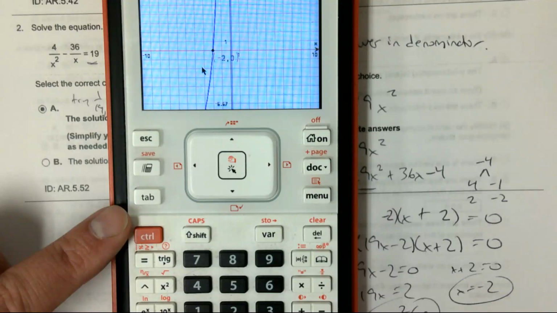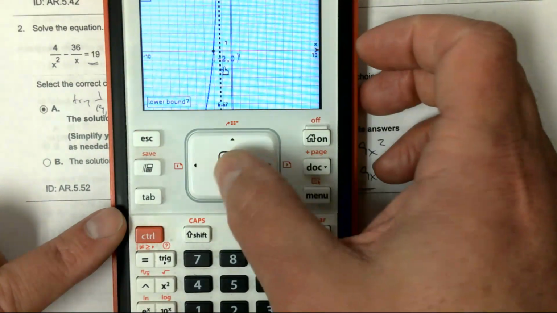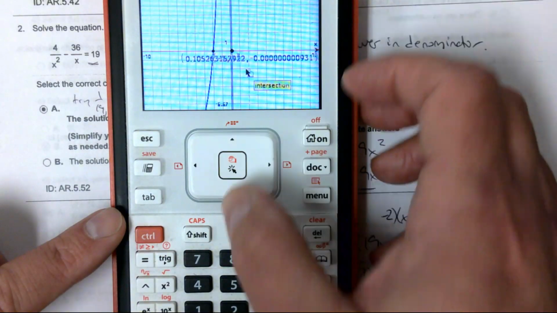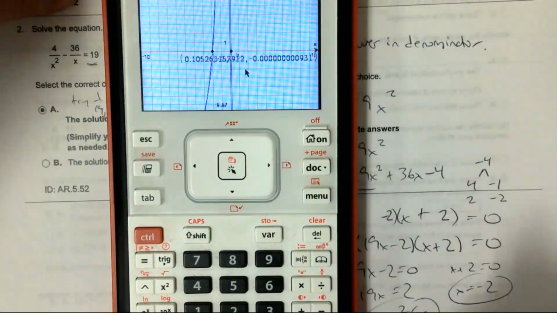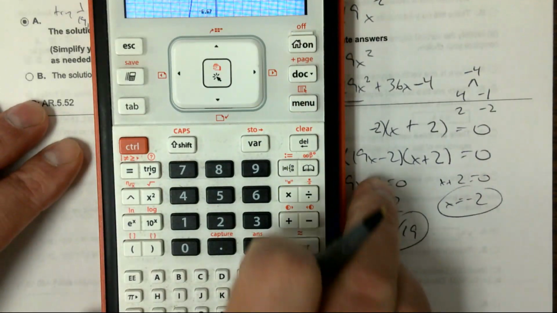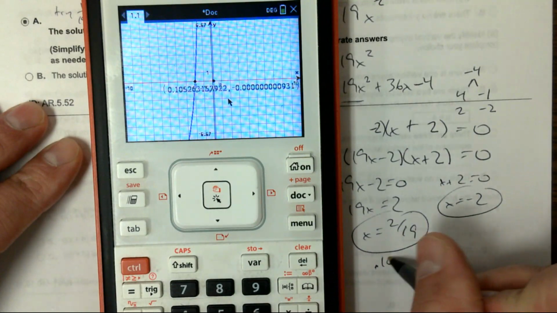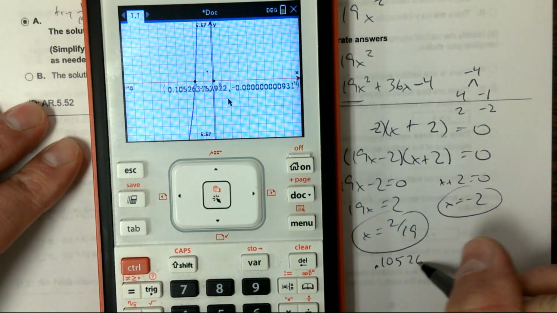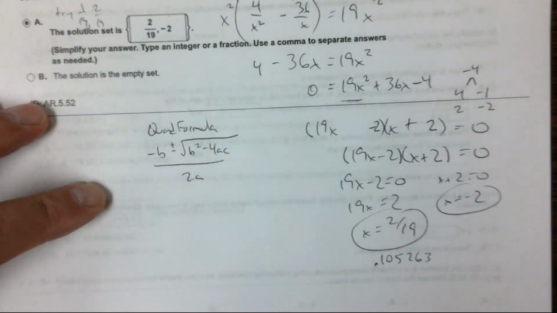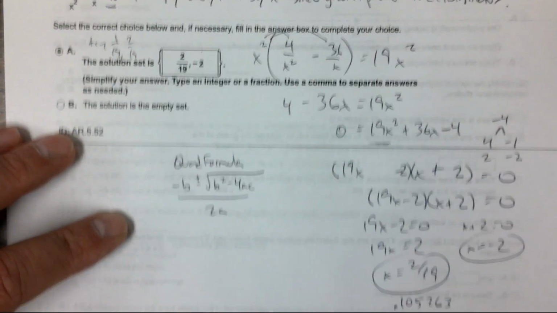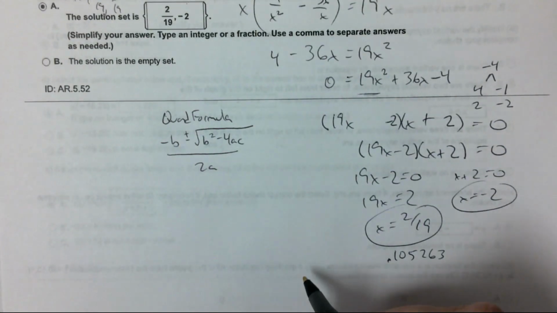Right over here. Now this one, when we do that, we get, I'm going to write this down over here, 0.105263 and some other stuff. Now, when you think about what possible fraction that would be, you're going to have to base it on that number.